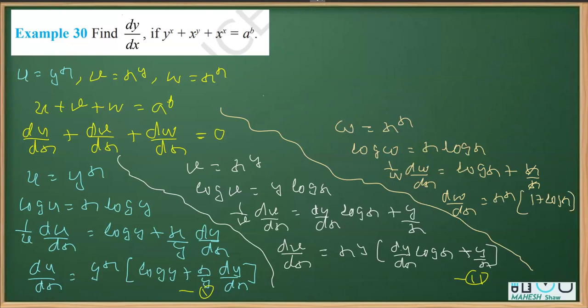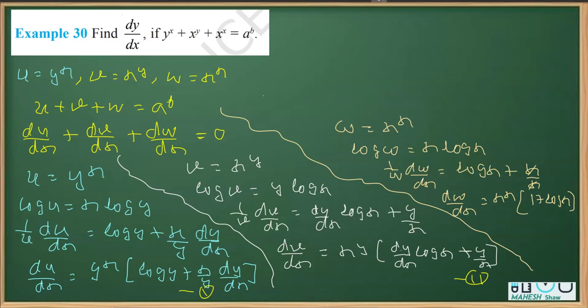But we need dy by dx, right? So let's say if I get dy by dx, that means if I plug in these values, replacing this with its value, what are we going to get? First I'm replacing du by dx with this, which is y raised to the power x times, and I'll open the bracket here also.